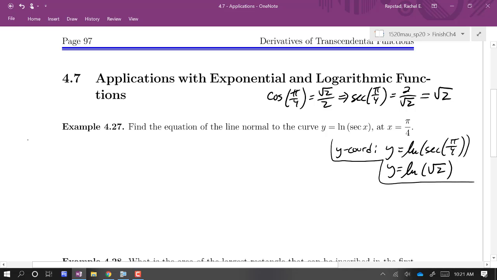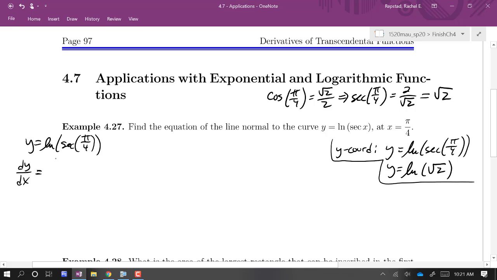Now we need the slope, and that's where the calculus comes in. Let's find dy dx. Our function is ln of secant x. It's ln of some stuff, so that's my outer function.